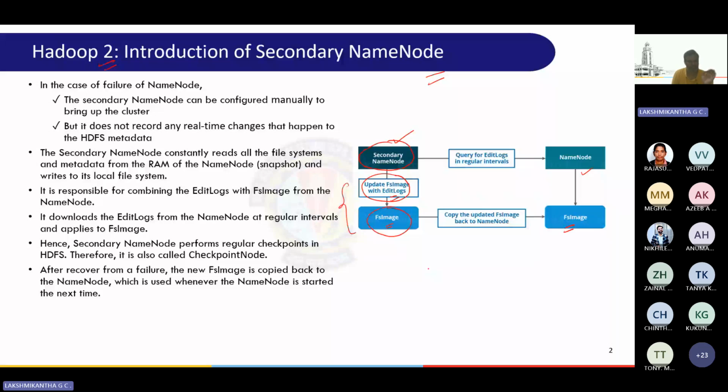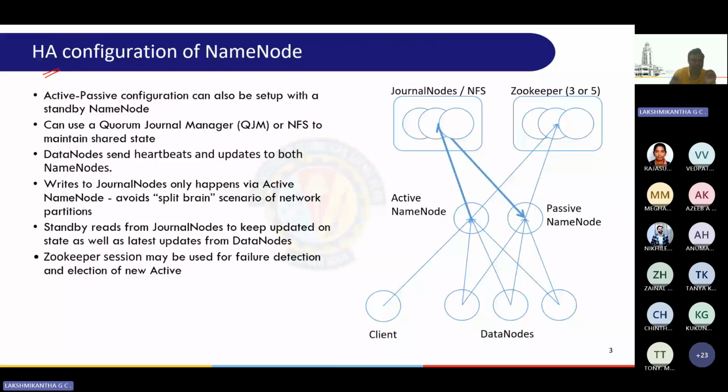I hope everyone understood the main purpose of the secondary name node. Jumping to the next slide, now I'm talking about high availability configurations of the name node. For those who want to dive deeper into robustness, let's talk about high availability for the name node.